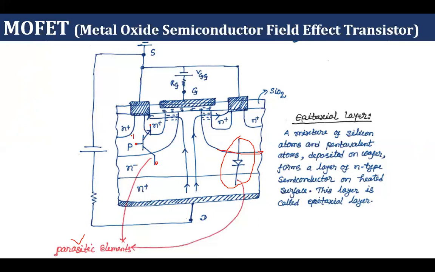P-type is basically the base terminal, but which one will be the collector and which one will be the emitter? It will be decided by the nature of the current. In case of NPN, current flows from collector to emitter, so we have to mark the terminals in this manner, and that's why the arrow has been put over here. That is the emitter terminal.